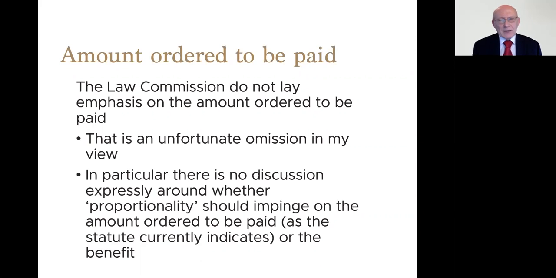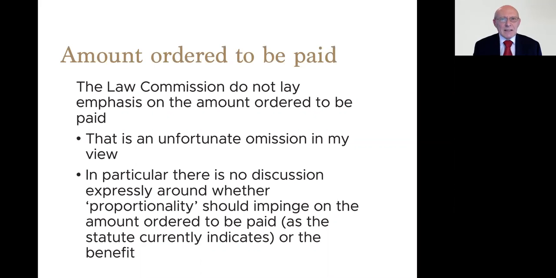And if we look at how POCA has been amended to reflect that decision in Weyer, we can see that the steps are: you calculate your benefit, you calculate the available amount, you calculate the recoverable amount under section 7, which is the lower of the benefit and the available amount. And then subsection 6.5, the court considers whether it would be disproportionate for that amount to be ordered to be paid.